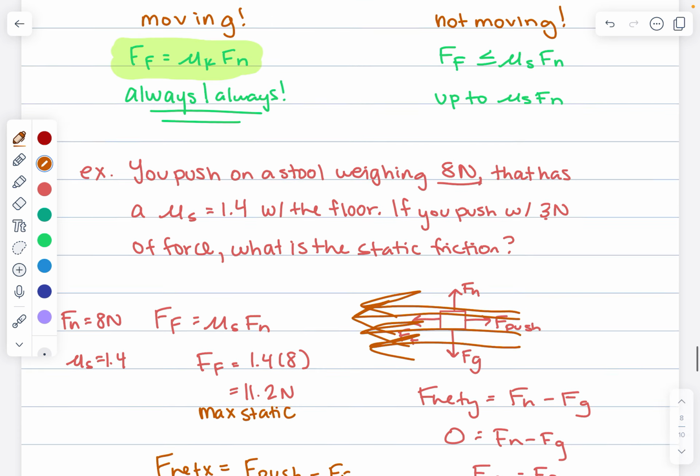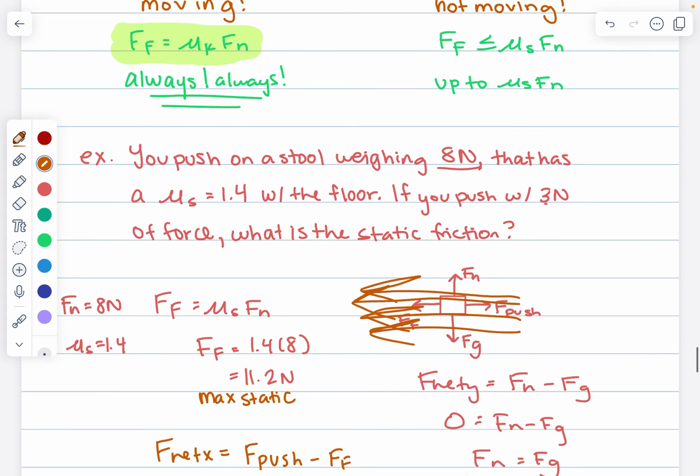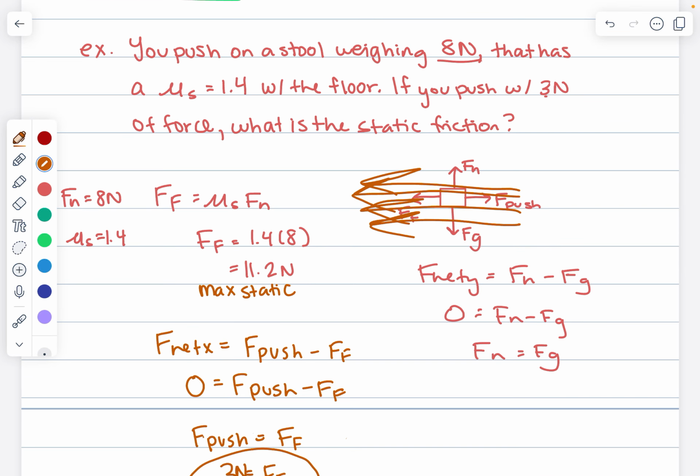So this goes back up to what I said about static friction. It could be up to US Fn. US Fn is actually the maximum static friction force. I have to push with that force to get the object to move. So on this stool, I would have to push with 11.2 newtons of force to get it to move. Otherwise, it's not going to move.